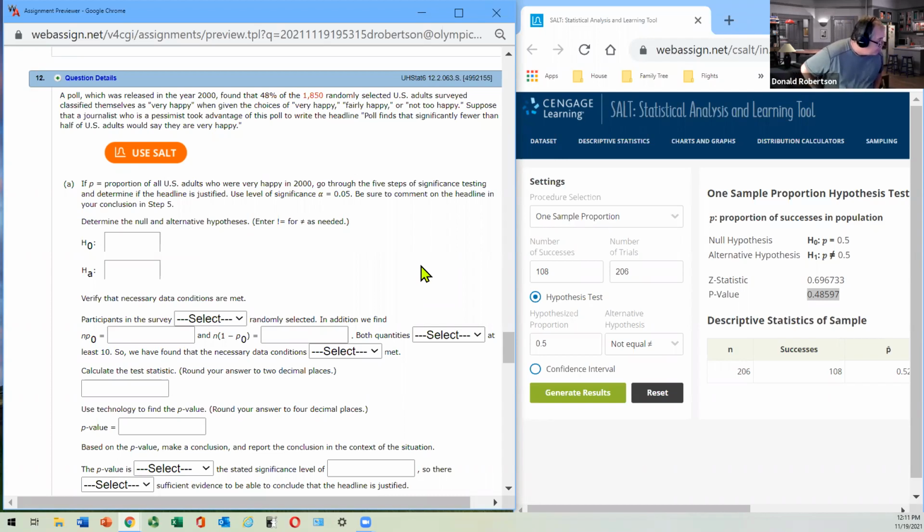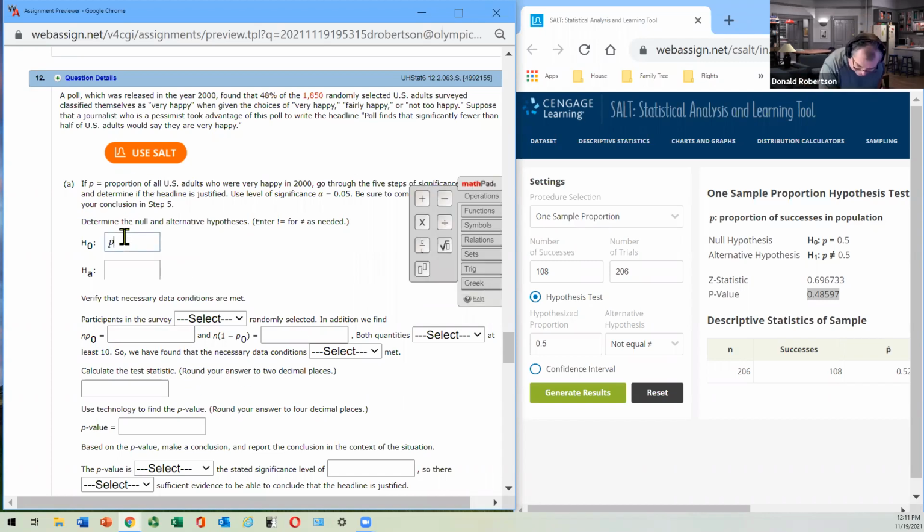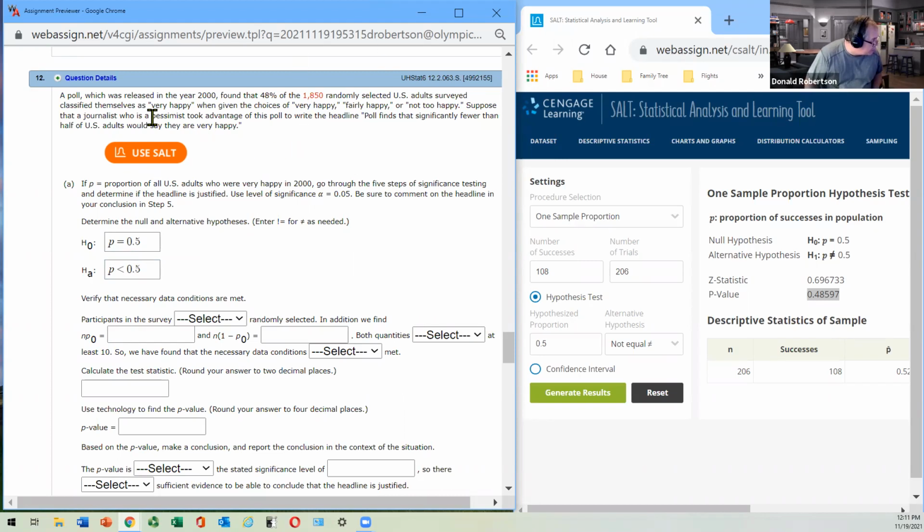Suppose that a journalist who is pessimistic took advantage of this poll to write a headline: polls find that significantly fewer than half of Americans are very happy. Well, our null hypothesis is that it is still 0.5, and he wants to prove that it's less than. And I know he wants to prove it's less than because significantly fewer was mentioned. Fewer is a keyword.